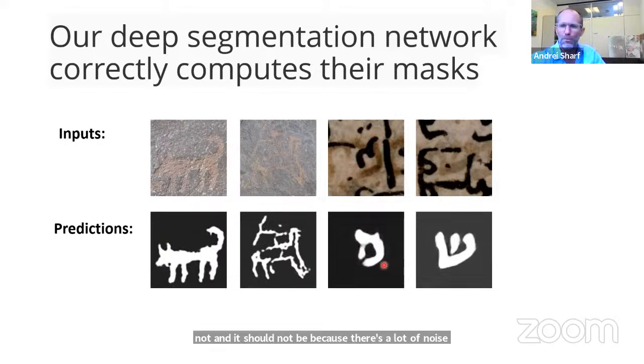But it should combine two sources of information. One is the visual information, some hints of what's going on here and also here. The other is the knowledge, the previous data that the network saw, and based on this knowledge, it should boost the mask prediction.